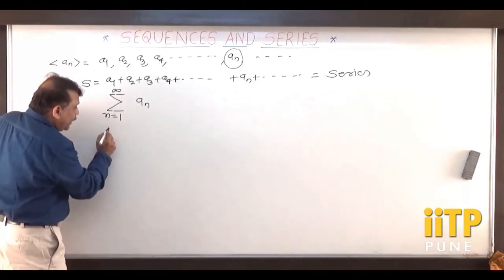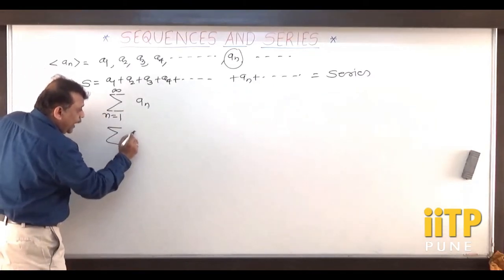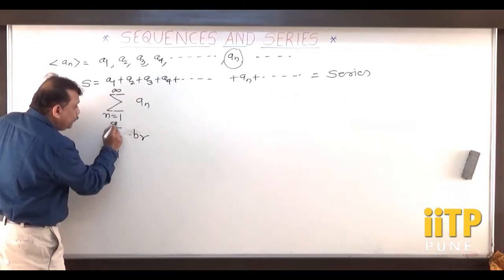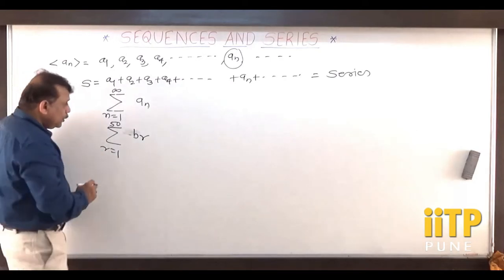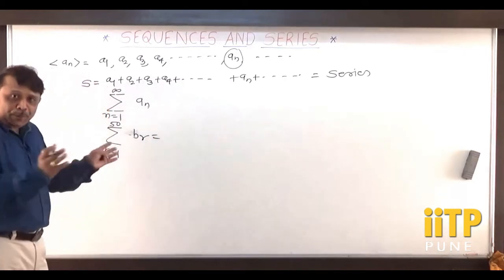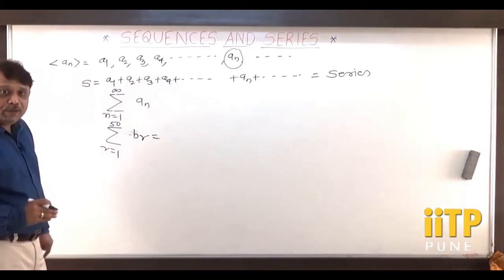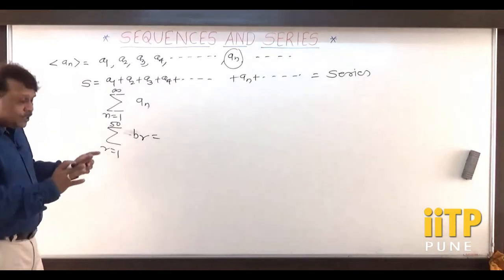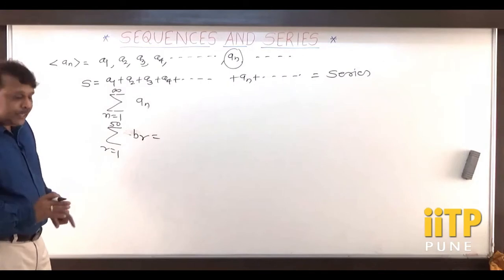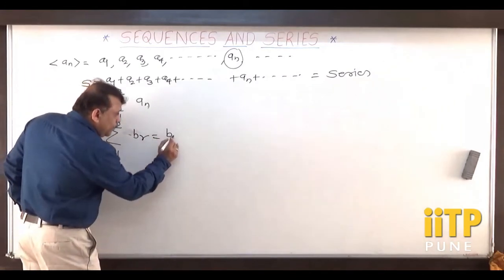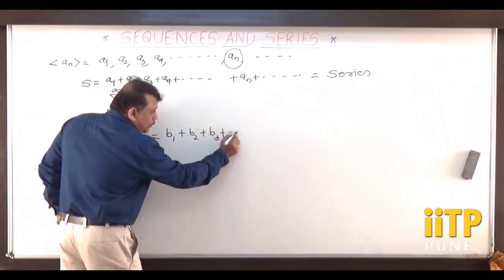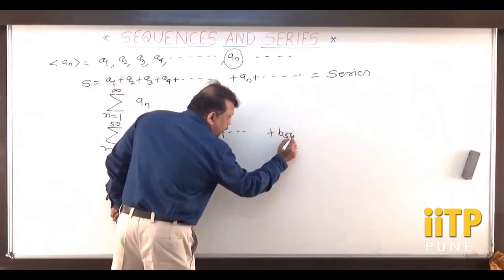So for example, suppose we have sigma br, r going from 1 to 50. In this sigma notation, if we open it by putting r equal to 1, 2, 3 up to 50, then the whole series up to 50 terms can be seen as b1 plus b2 plus b3 plus dot dot dot plus b50.